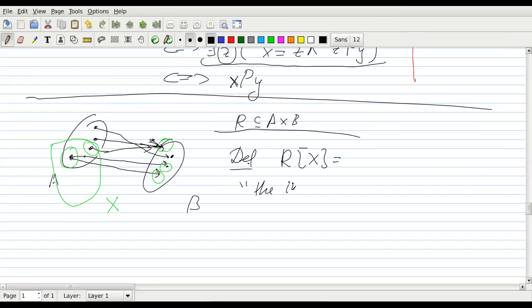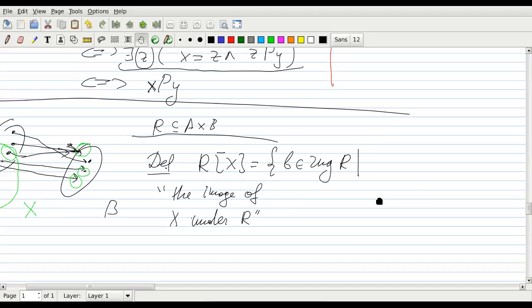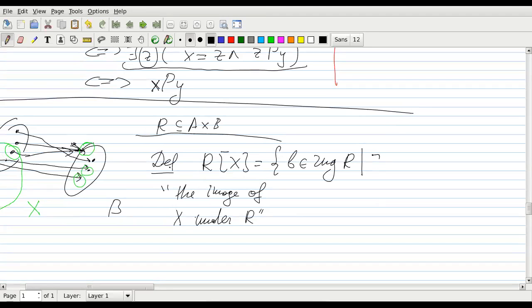The image of X with respect to, or under, R. The image of X under R is the set of all points B from the range of R, such that there exists some A in X so that ARB.